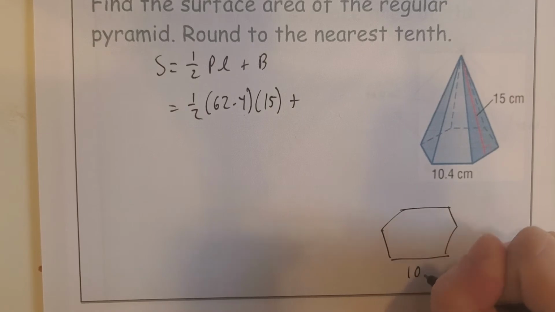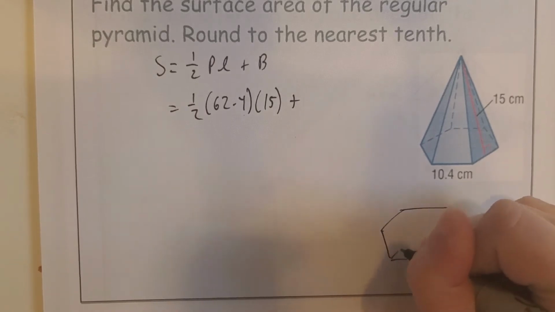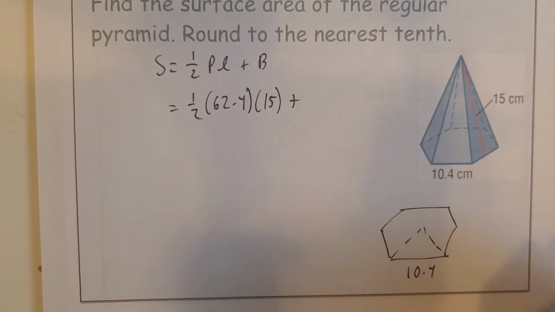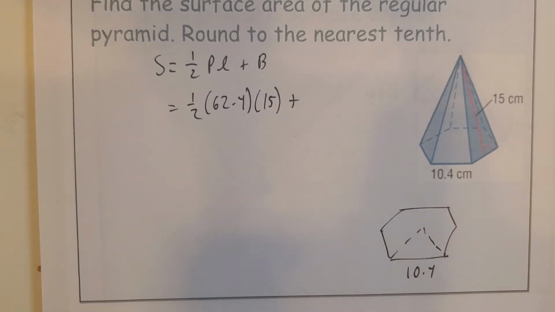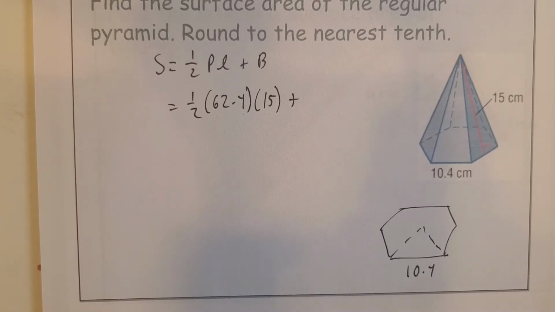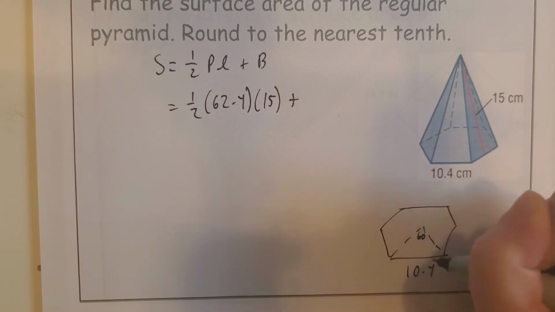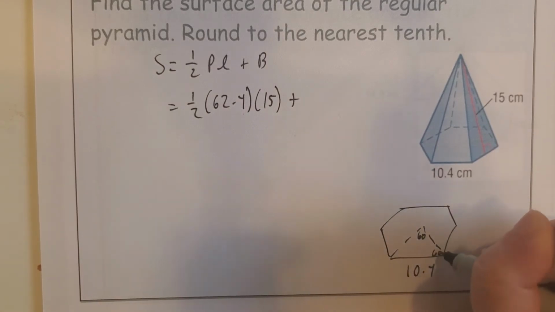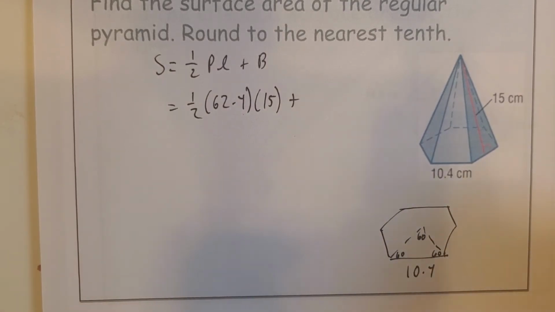Our side is 10.4. And we're going to go all the way back to the last chapter when we found the central angle. The central angle would be 360 divided by however many sides there are. 360 divided by 6 is 60. Which means the other two angles are also 60.